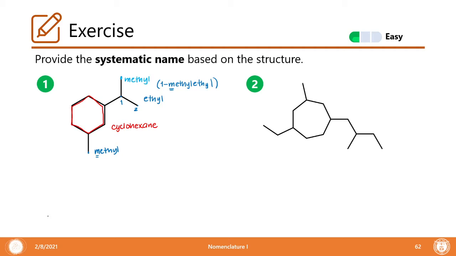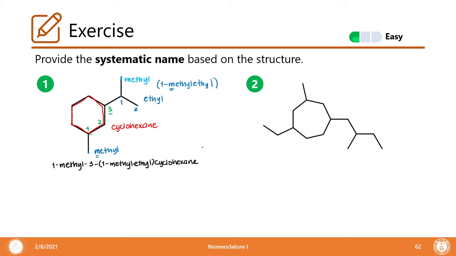So we'll give the numbering 1 to methyl, followed by 2 and 3. So we have a 1-methyl, 3 parentheses 1-methyl ethyl, cyclohexane.